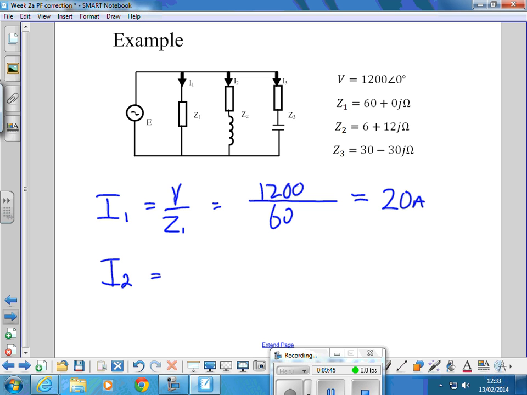I2. Here it gets a little bit more difficult. V over Z2. That's 1200 over 6 plus 12J. How do we do that?